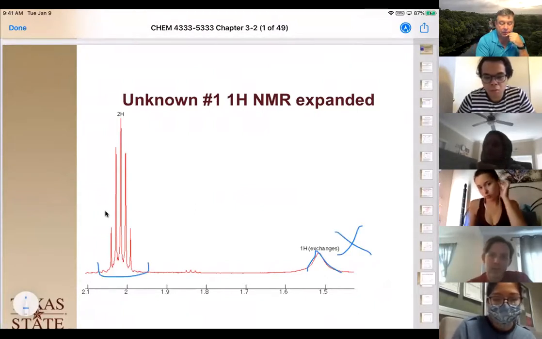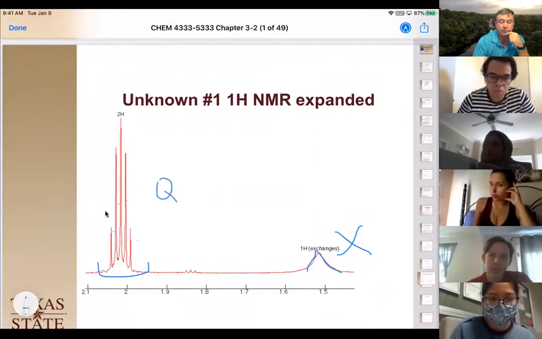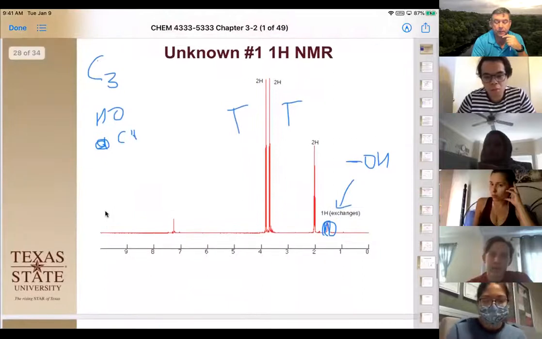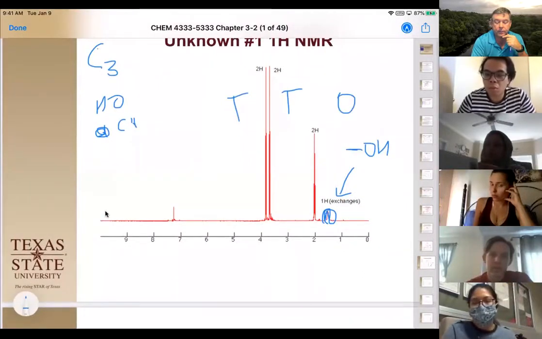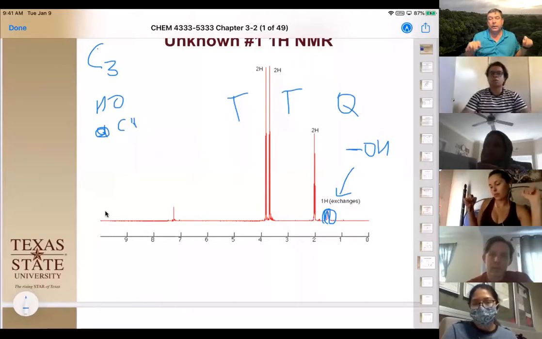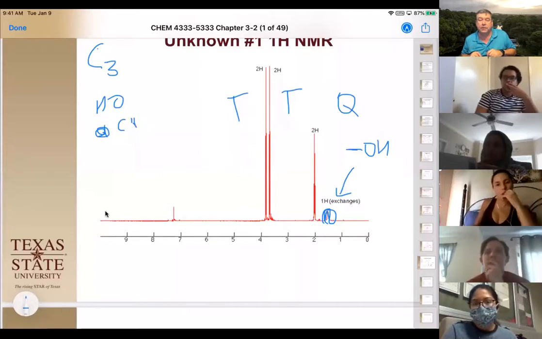But we have this peak here, 1, 2, 3, 4, 5, quintet. So how are we going to combine 3 carbons, 6 hydrogens, an OH, and a Cl, such that we have a 2-2-2 pattern?